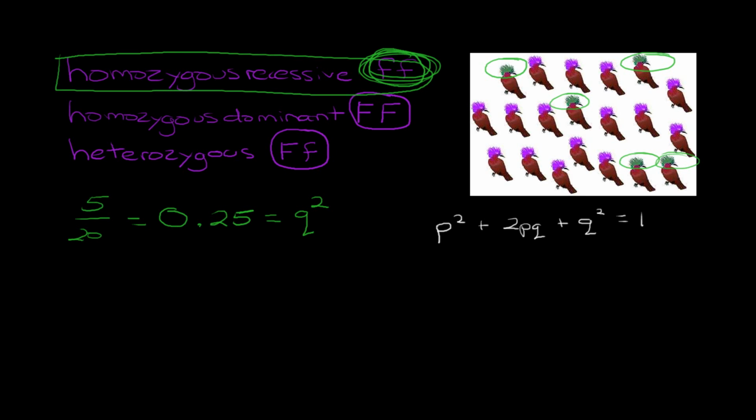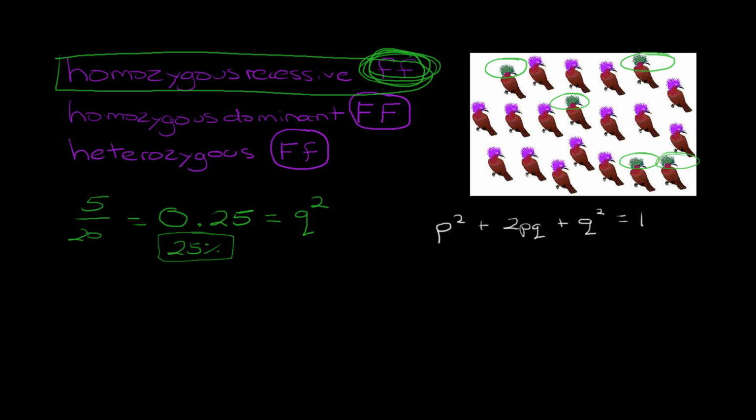The other interesting thing you can do is turn that into a percentage. 5 divided by 20 is 0.25. If I multiply that by 100 to get a percentage, it's equal to 25%. So what we're saying here is that 25% of the population of these birds is going to be homozygous recessive for green feathers.